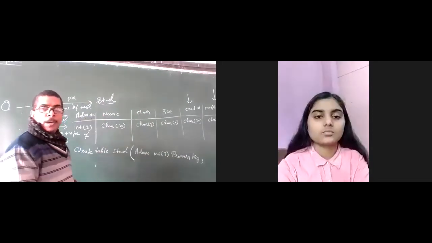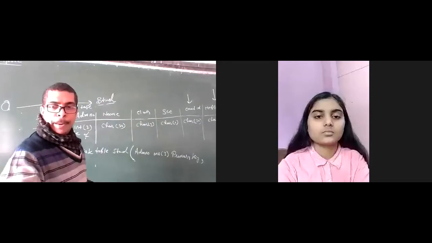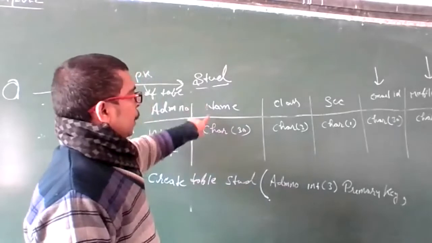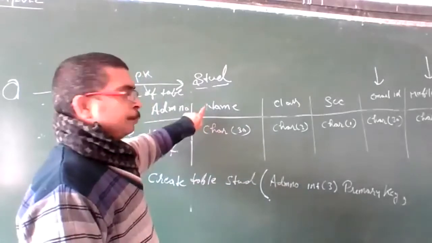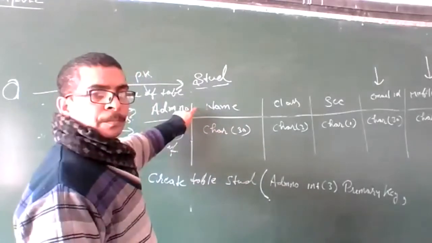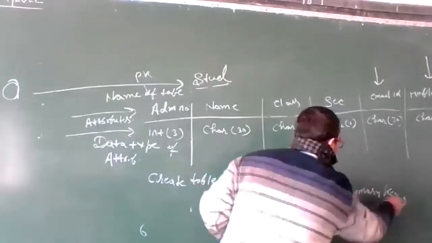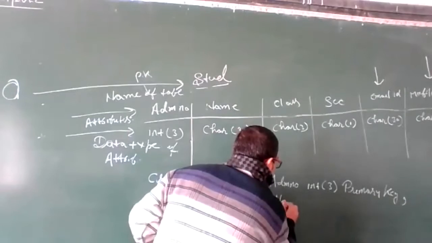Okay, students, unmute yourself and be participative. My next question is, tell me the details of this field. What is the name of this attribute? Name. So we will write name after the comma.